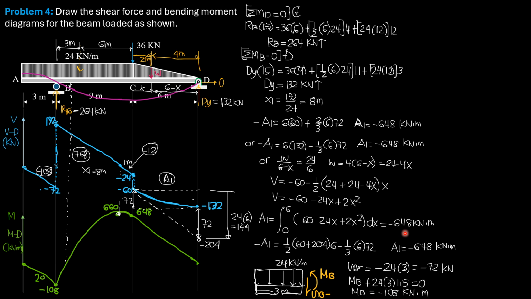Another way of computing the area is it is area of trapezoid. Can you see this trapezoid? Minus area of this spandrel that has slope. The slope of the tangent to the shear diagram is the intensity above, which is negative 24. The slope of this imaginary line is negative 24.